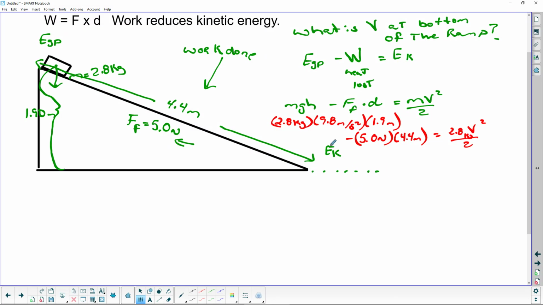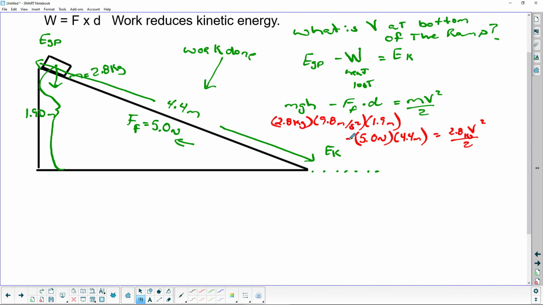So when we work it out, take our calculators out, you can see that we're going to lose a portion of the energy here. Remember, a newton meter is the same thing as a kilogram meter squared per second squared, which is a joule. They all work into the energy units.